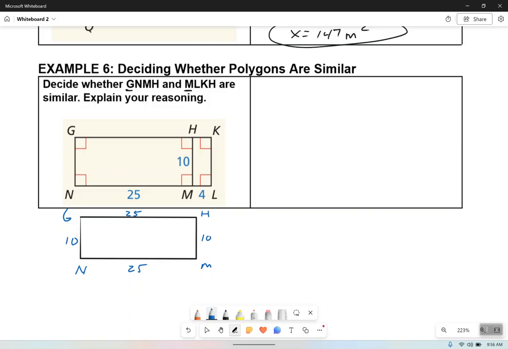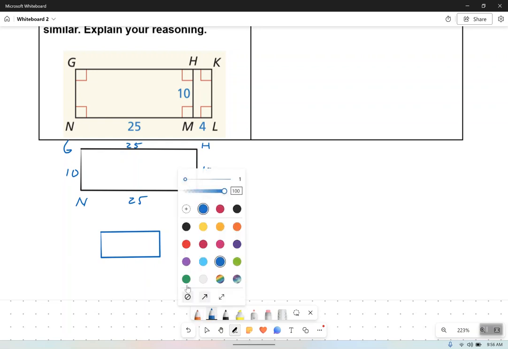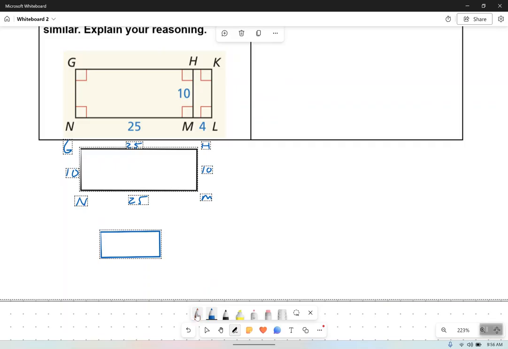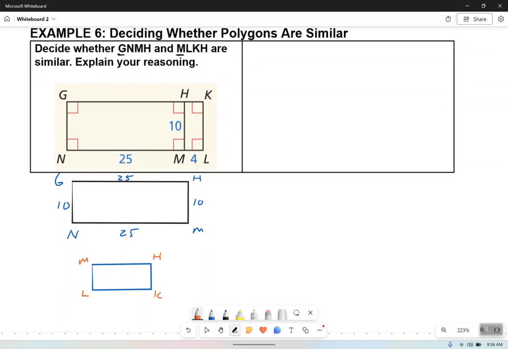So I'm going to draw a small rectangle like this, and then this would be M. This would be L. Going from G to N to M to H, it starts here, wraps around to H. Going from M to L, does that go the same order?